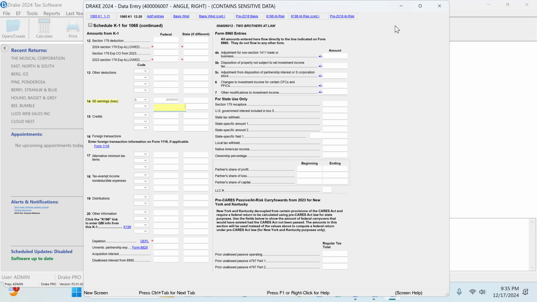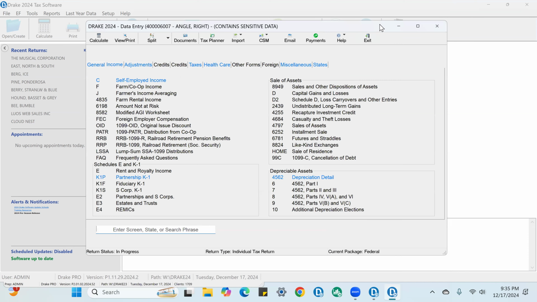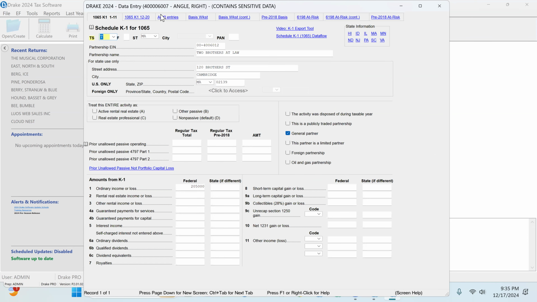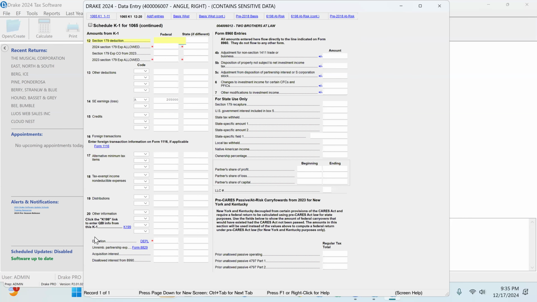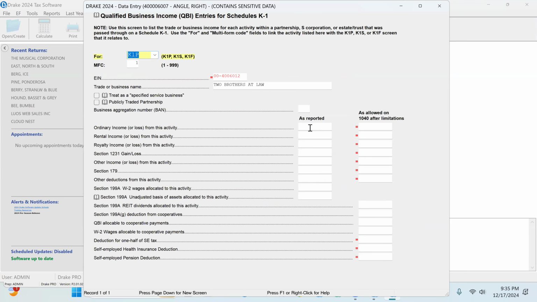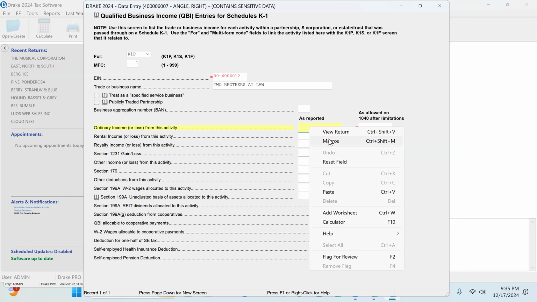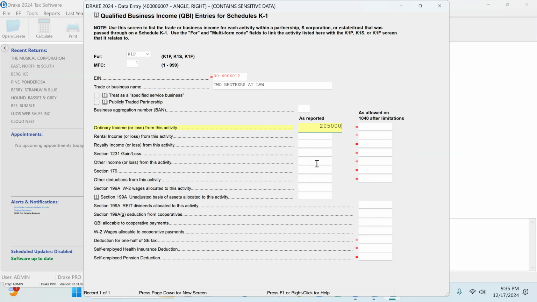So you not only pay income tax, but also self-employment tax. One more thing, second tab, down here, under 20, put this one in here. This one qualifies for QBI, so you're going to get another 20%.